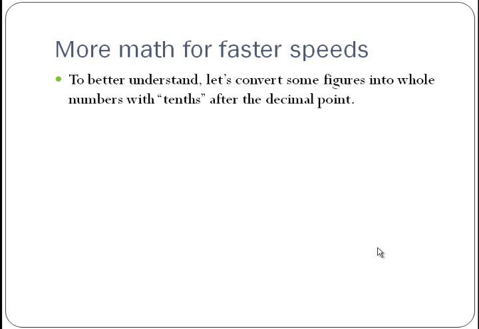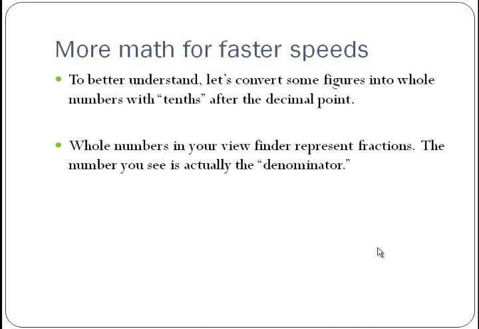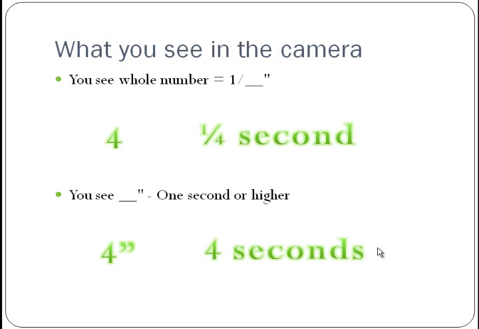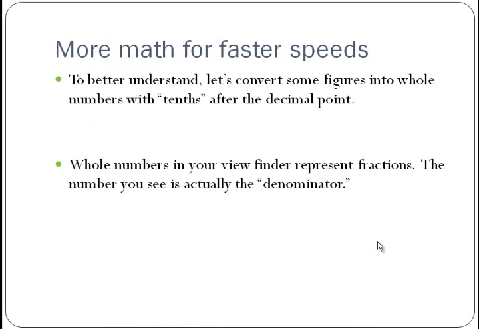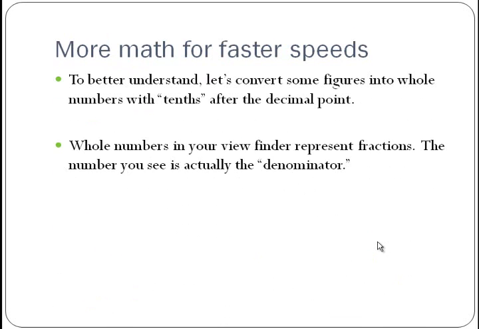So we're going to convert both of these types. This first one, for faster speeds, into whole numbers with tenths, and we're going to convert this second type into whole numbers with tenths.